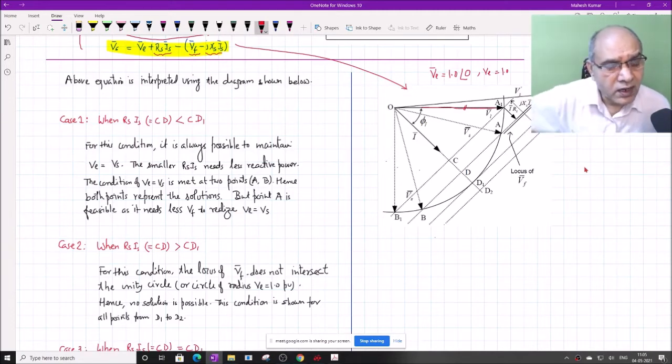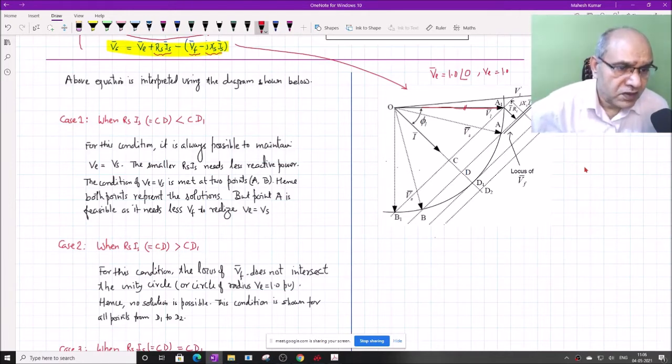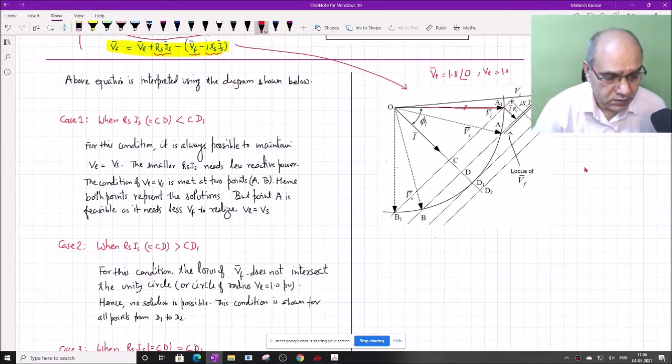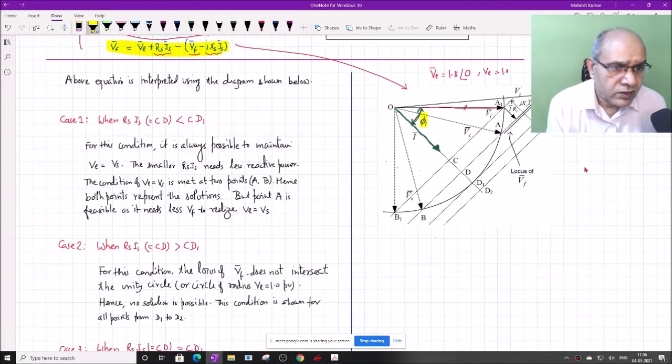Now as you can see, VL plus the drop across the resistance and the drop across the reactance makes VS. If there is no compensation, if there is no DVR, then VL plus I into R, where I is here and the angle is phi, so I into R is along the phasor of I. This is Is into Rs, then plus jXs into Is.